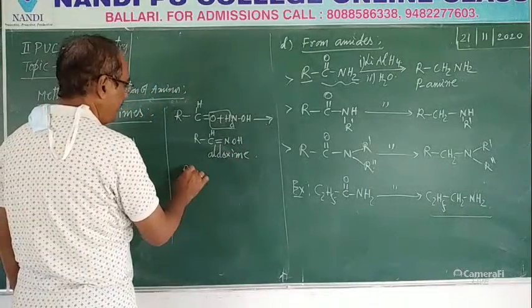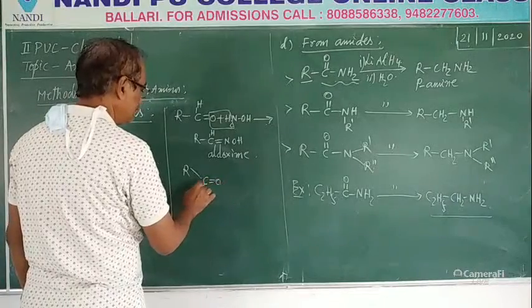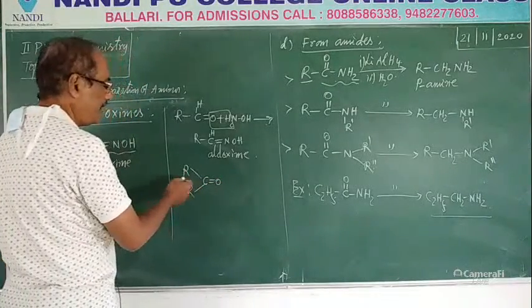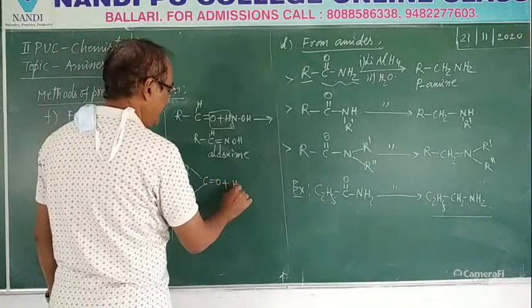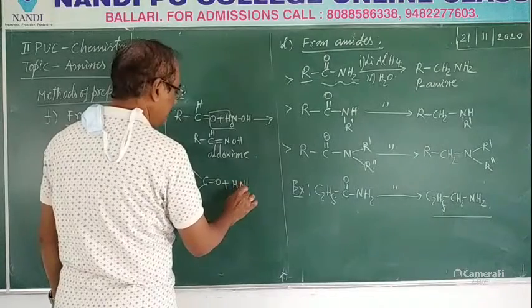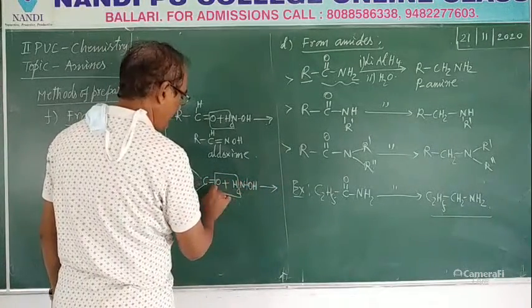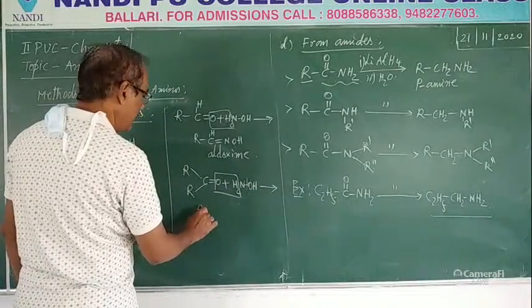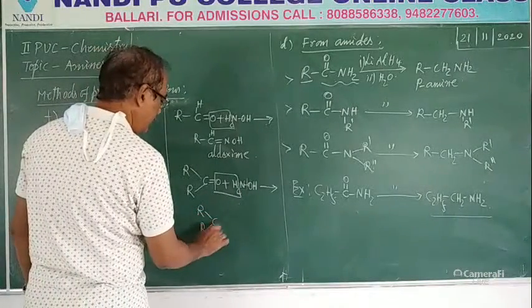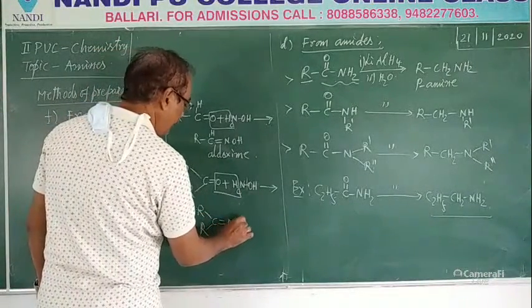Then when you take ketone, symmetrical or unsymmetrical, again with hydroxylamine, then you will get RCR double bond NOH.